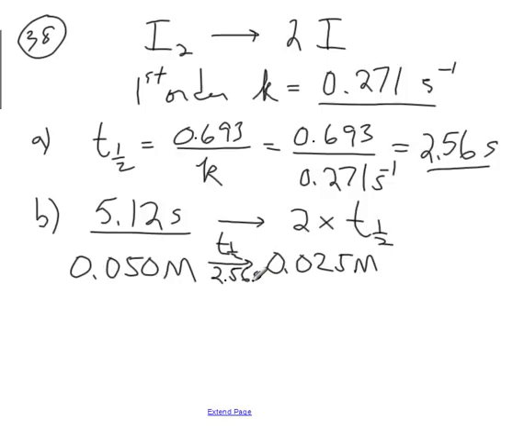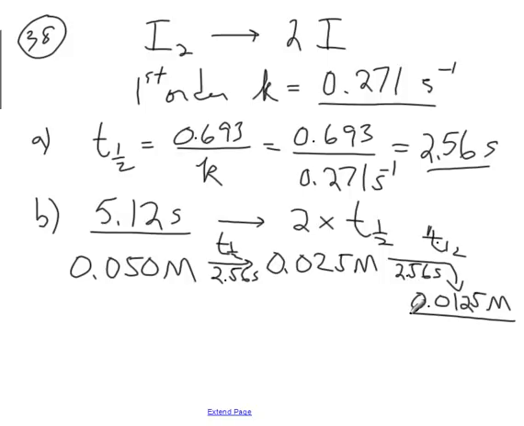We're going 5.12 seconds, so we're going to go another half-life, another 2.56 seconds. So we're going to go down from 0.025 to 0.0125. Okay, with sig figs probably 0.013. Pretty easy.